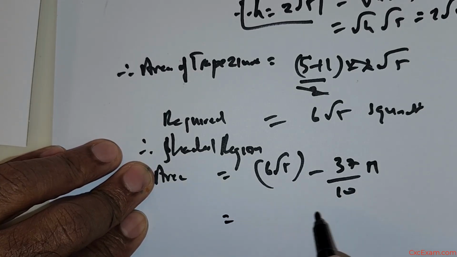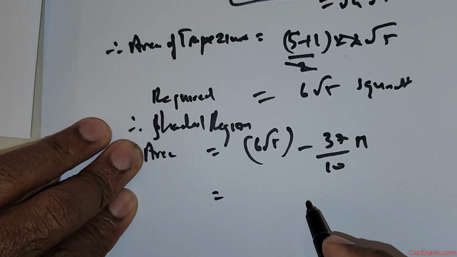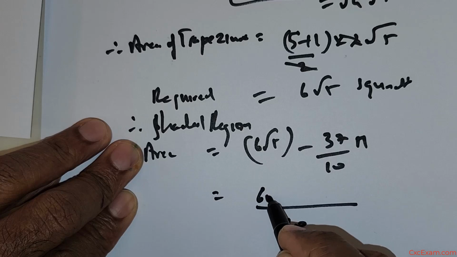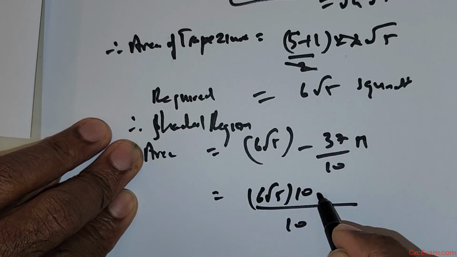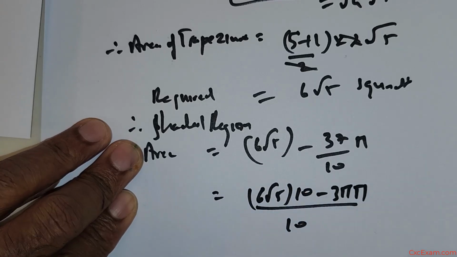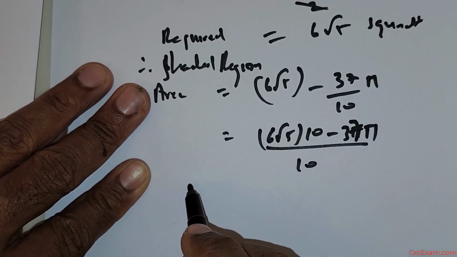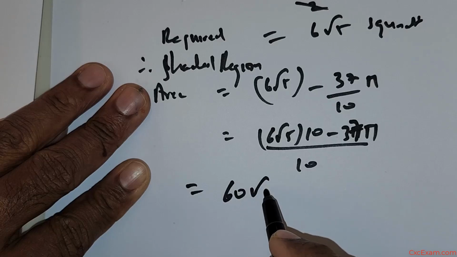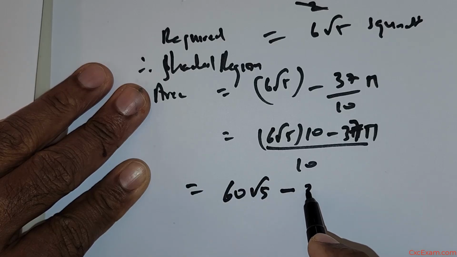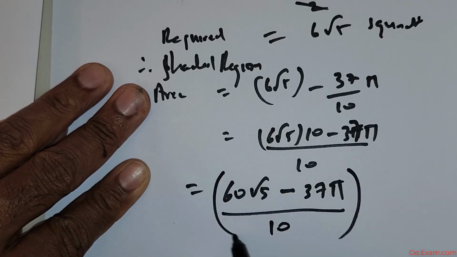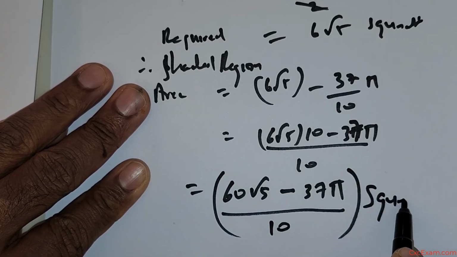If I take the LCM as 10, this will be 6 times root of 5 times 10 minus 37 pi. Let me write that down. So it's going to be 60 root 5 minus 37 pi divided by 10 square units.